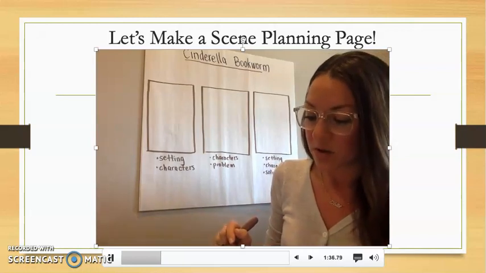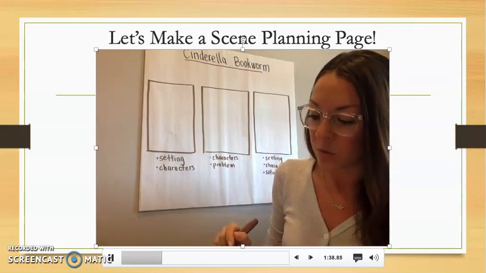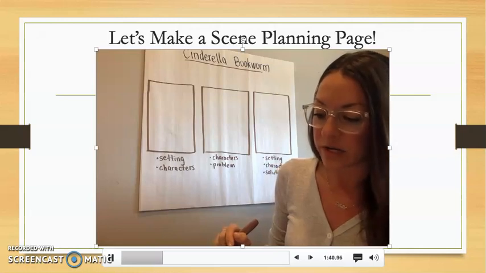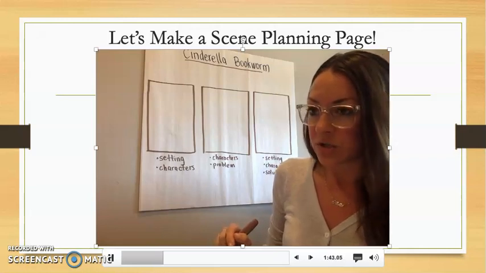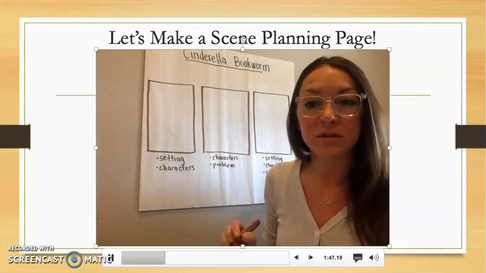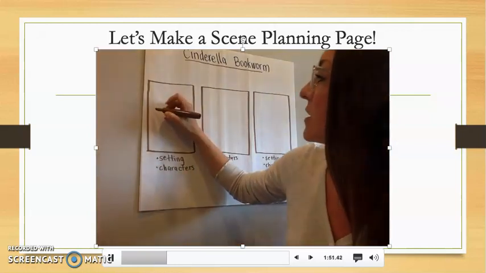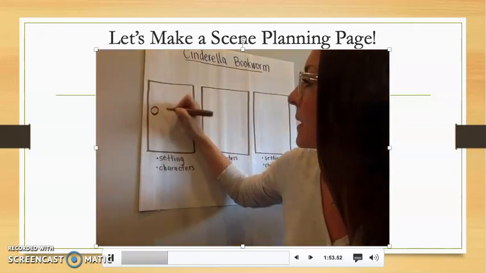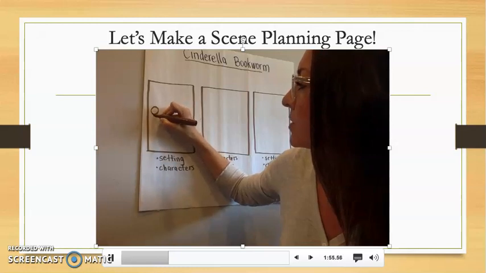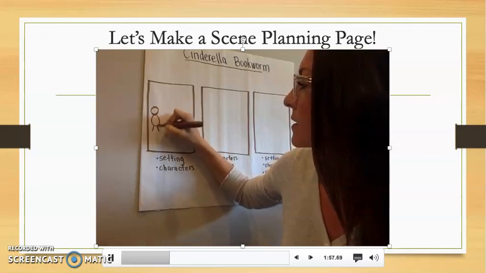So we talked about in Cinderella Bookworm how at the beginning of the story she's folding laundry and she loves books. So I'm going to draw a picture of Cinderella. Maybe she's wearing an apron.